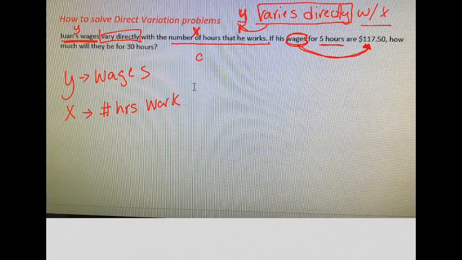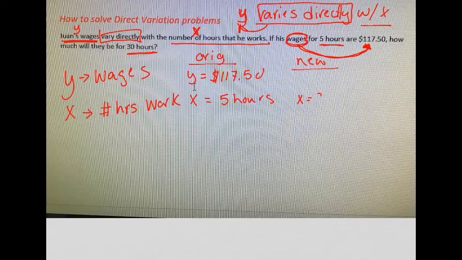So the original given information, y, wages, is $117.50 for time 5 hours, which is his x. And then it's asking in the new situation, how much would they be for 30 hours? And 30 hours is a new x. And what we're looking for in this case is how much, or the wages, which is unknown.